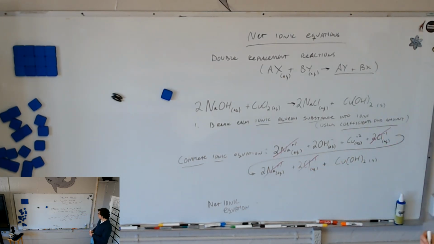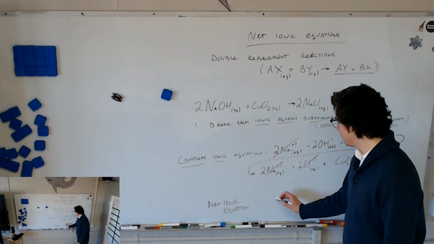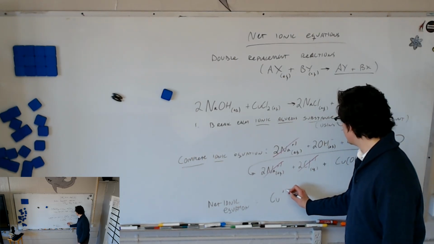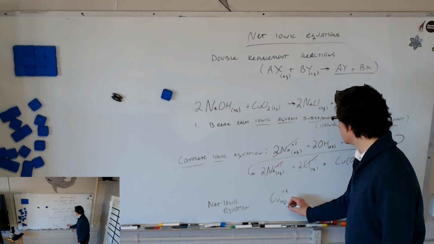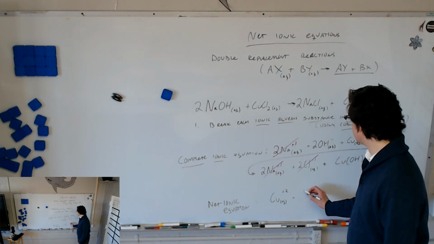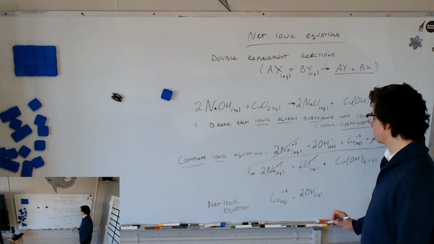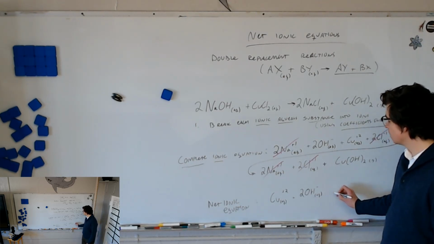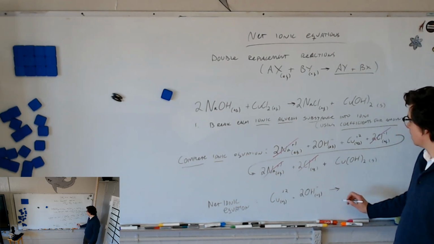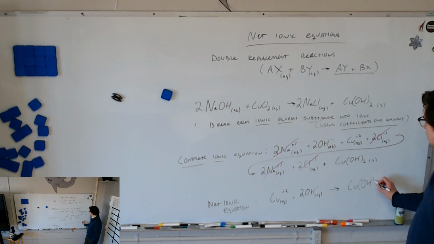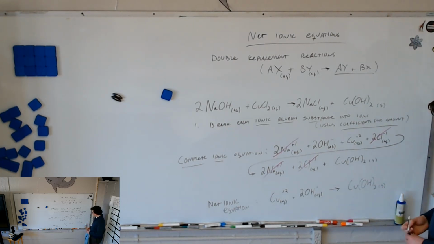No. So all we do for the net ionic is bring down the stuff that changed. So we have Cu plus 2 in aqueous solution plus 2OH minus. I just did it in a different order because that's the way it's going to show up in the products. Yields CuOH2 solid.